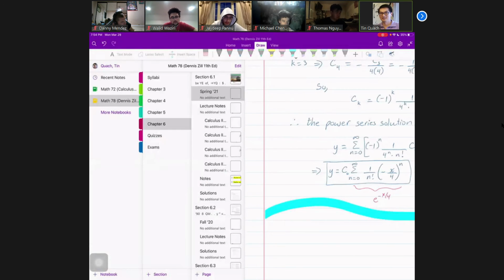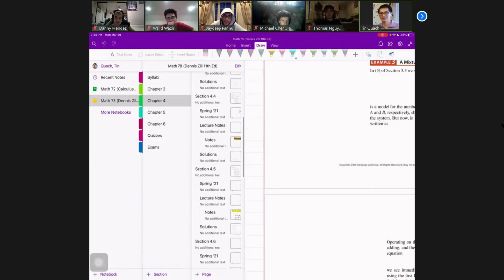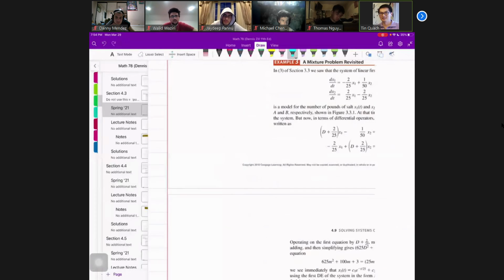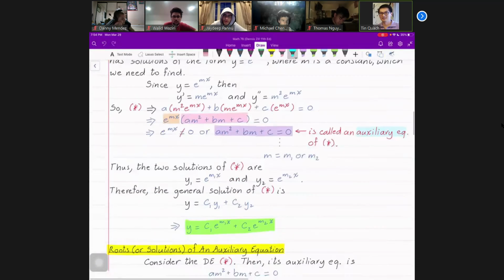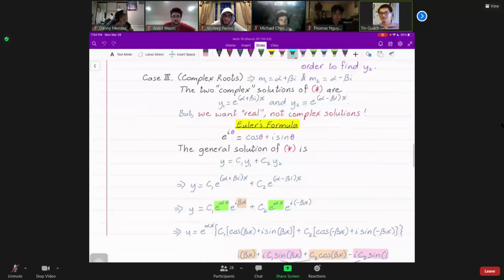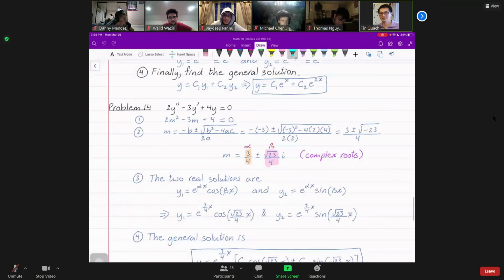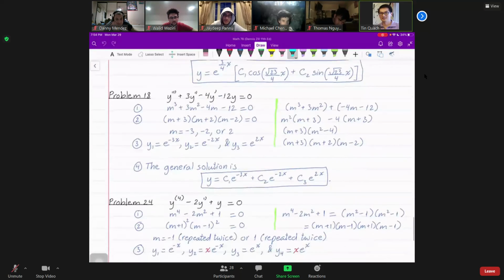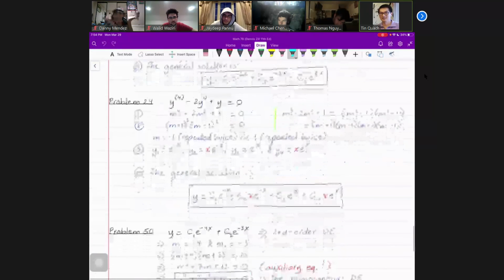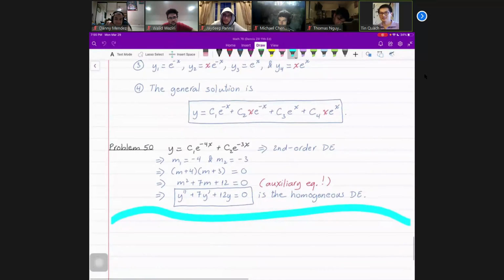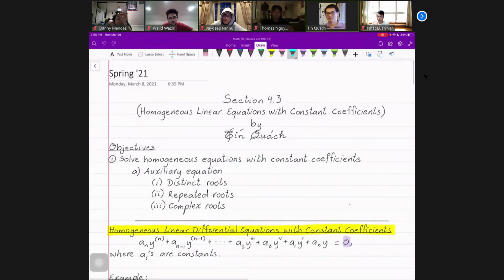So for the superposition approach, that is section 4.3. Okay, so I want to point out a lecture. Is it 4.3, right? It doesn't look like 4.3. What is 4.3? Oh, 4.4 then.